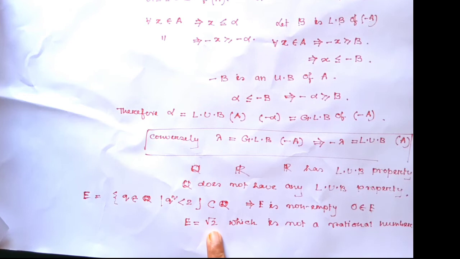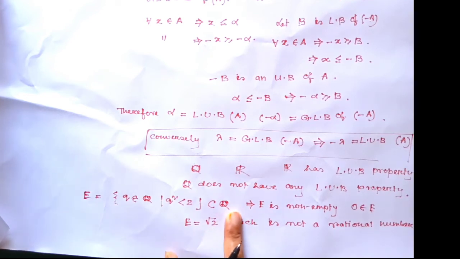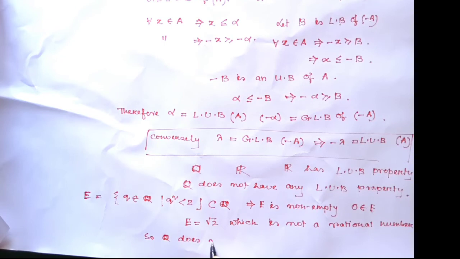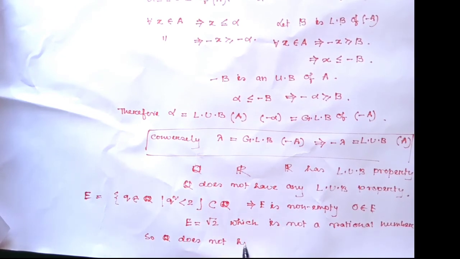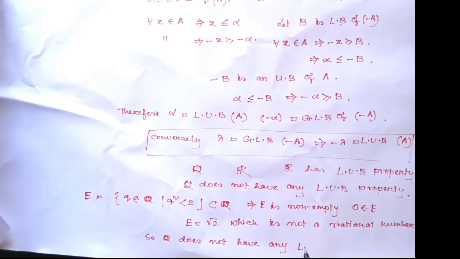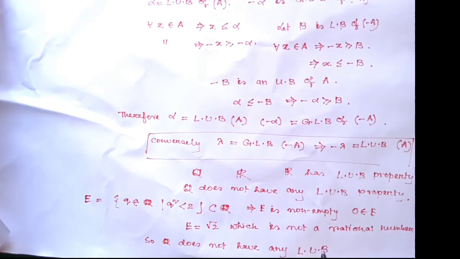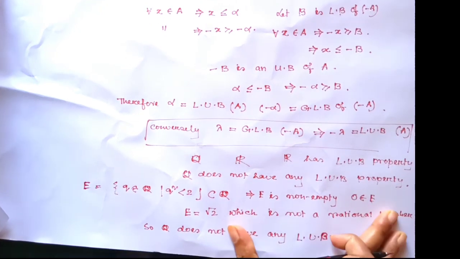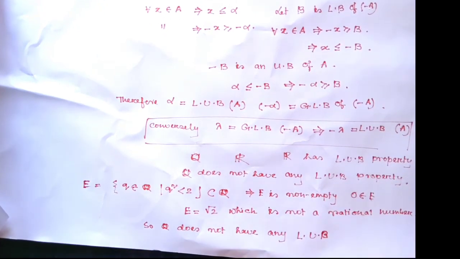So, the supremum does not belong to the subset of Q. So, Q does not have any least upper bound. Have you understood? Right? Okay.